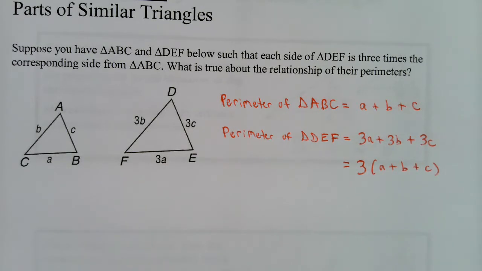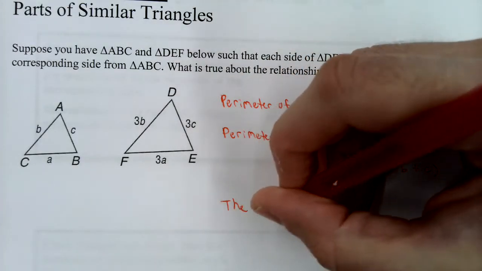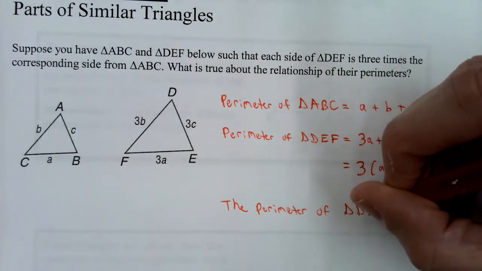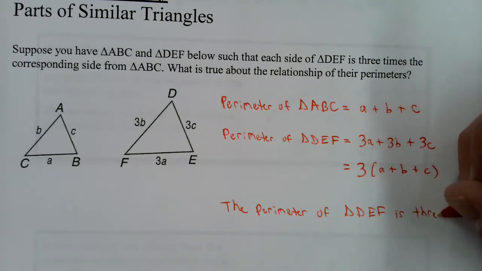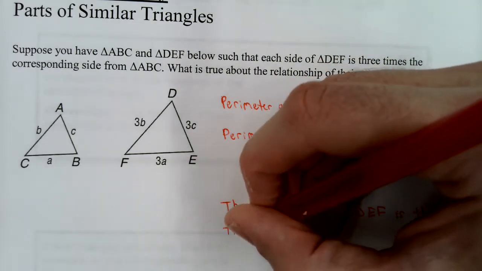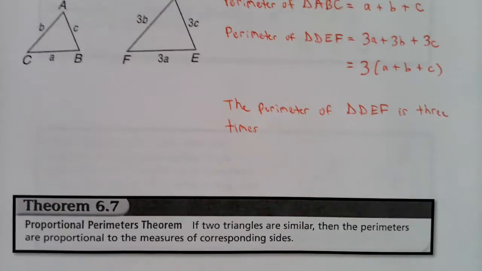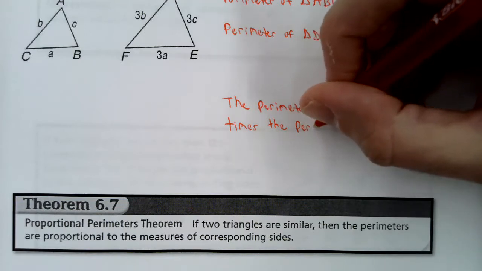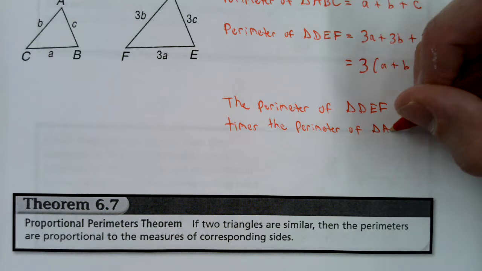Okay? So I'm going to say the perimeter of triangle DEF is 3 times the perimeter of triangle ABC.